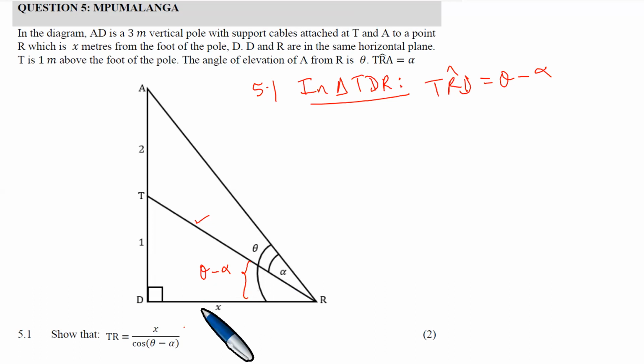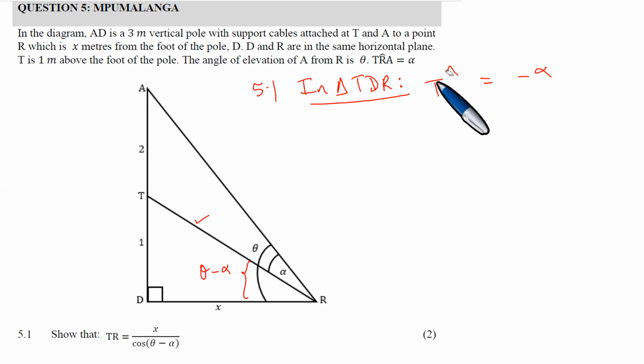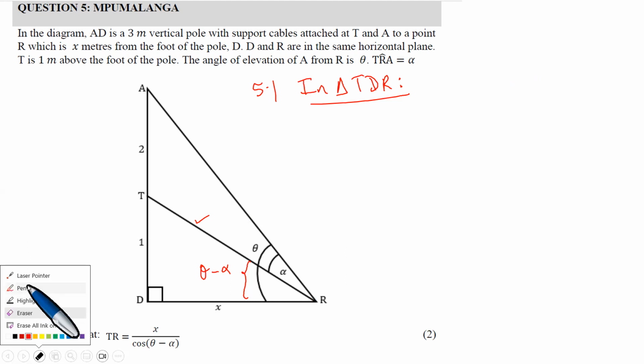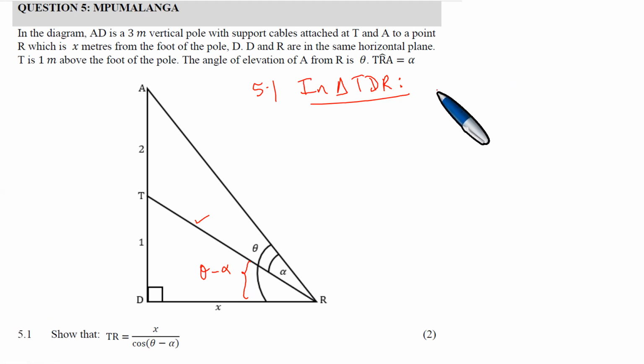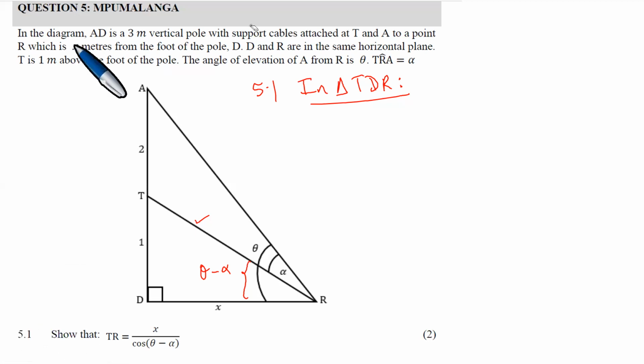That is what we have. You can start by writing one more step here to make it very clear, but it leads to the same result. You can write the following: first, look at the biggest triangle possible that they gave to the students of Mpumalanga.